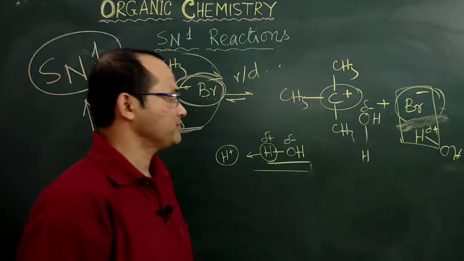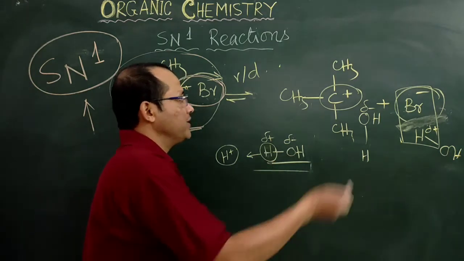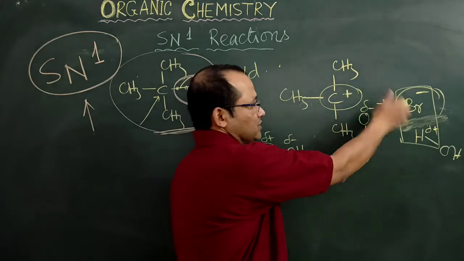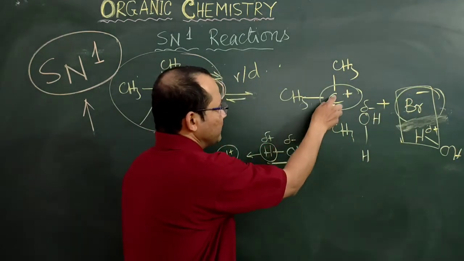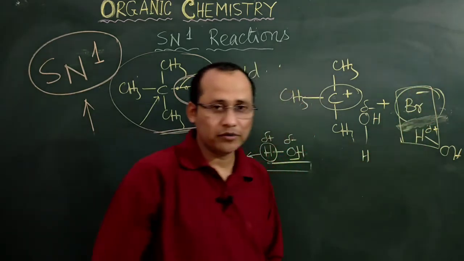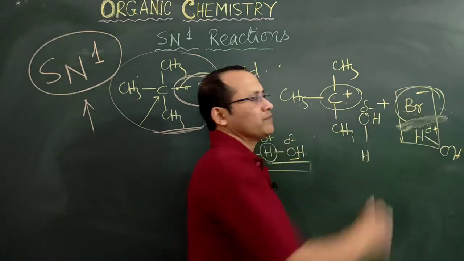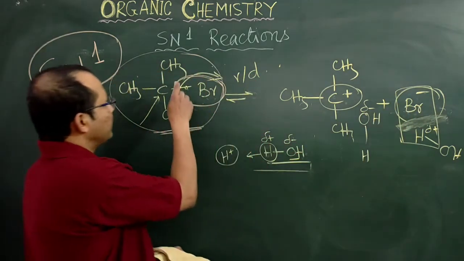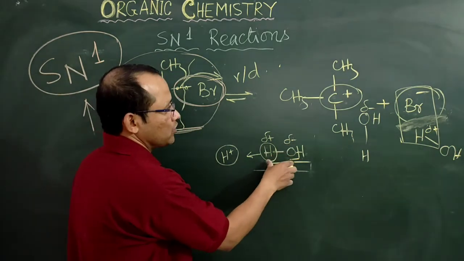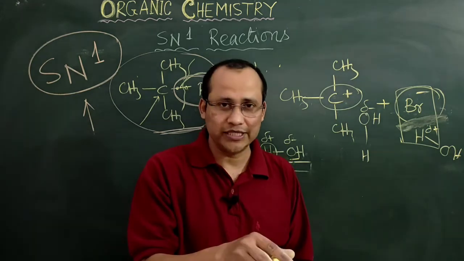So in this way, one part of the solvent stabilizes this one, another part of the solvent stabilizes that one. Rather, this one will stabilize the cation, the H part will stabilize the bromide ion. So in this way, the solvent will stabilize both of the substances obtained by the dissociation of this bond. So a polar protic solvent will help the reaction to proceed.